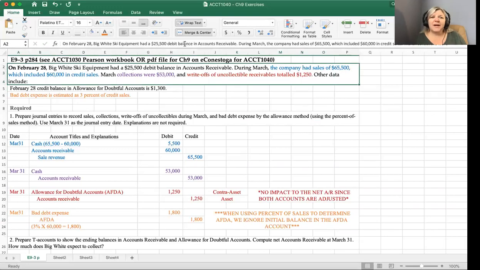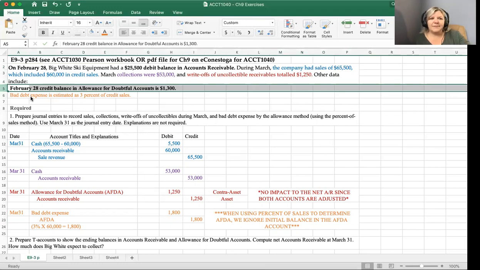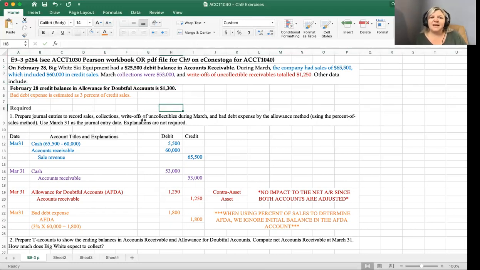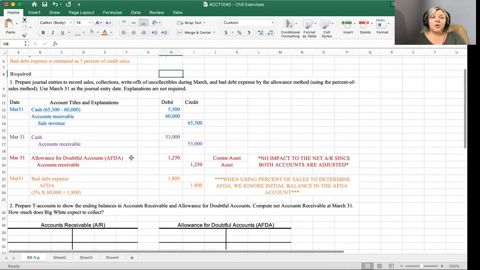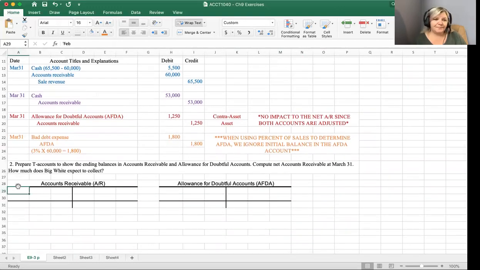February 28th, we had a debit balance in our accounts receivable, and also on February 28th, we had a credit balance in our allowance for doubtful accounts. So looking at our T accounts, I want to put those balances in. Our February debit balance of $25,500 and our February credit balance of $1,300.